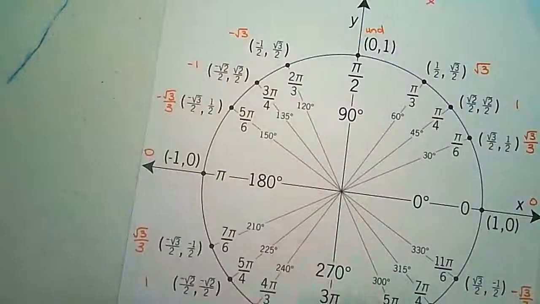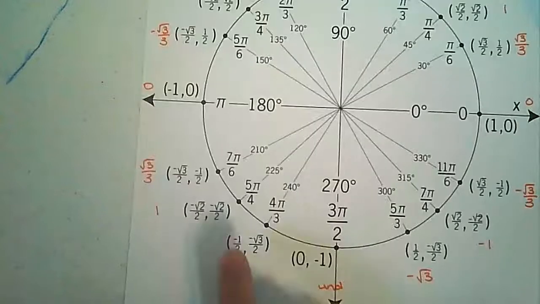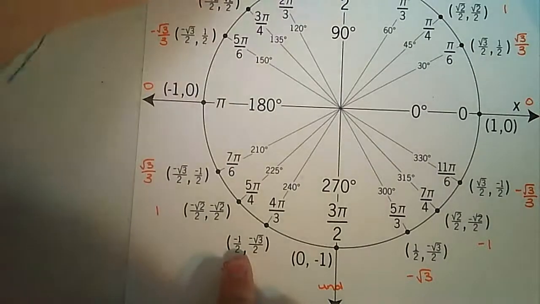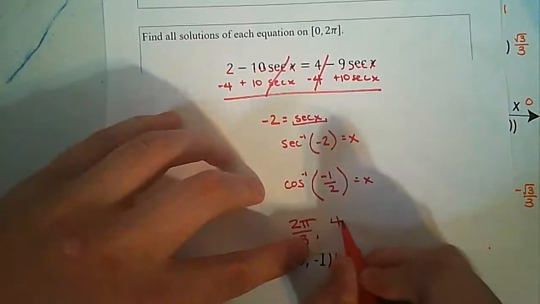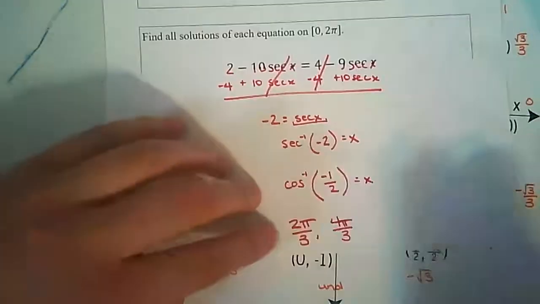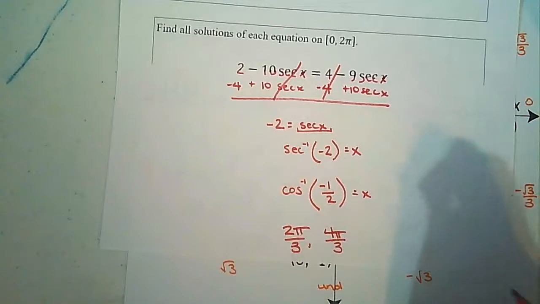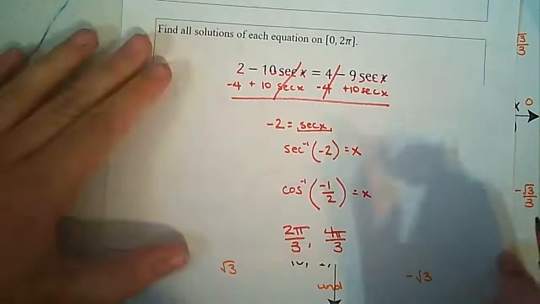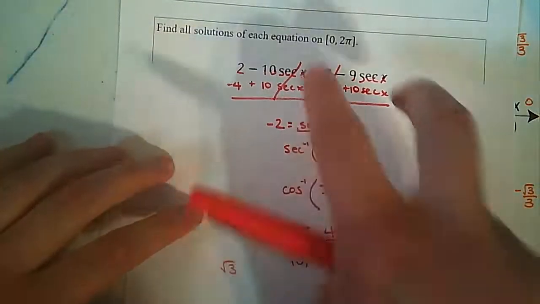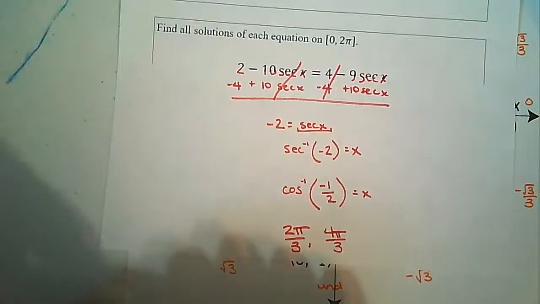And where else is x negative 1/2? It looks like the only other spot is at 4 pi over 3. And we are done. So again, those are the only 2 angles that I could plug in for x that would give me a true statement.